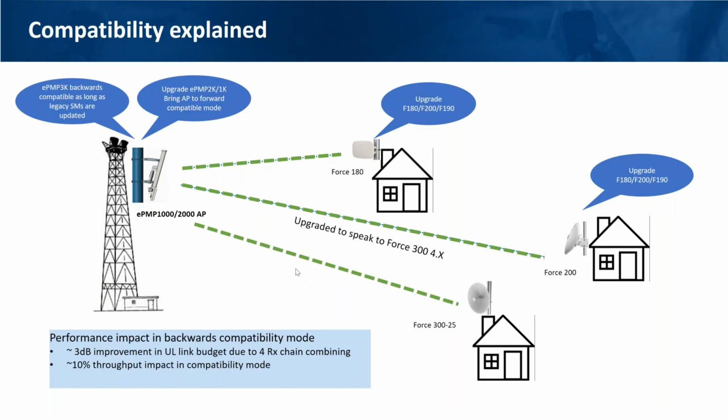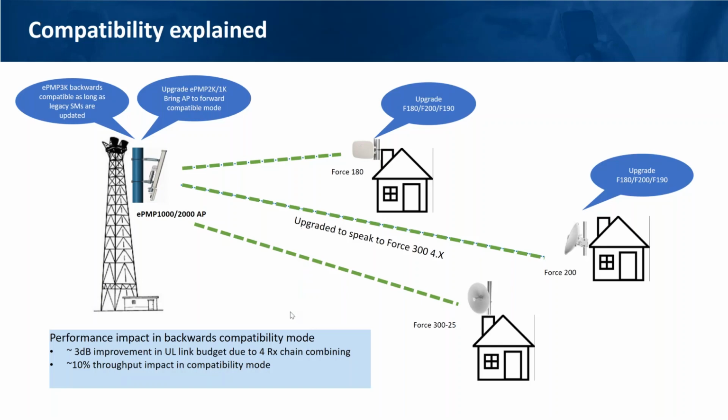Can the beamforming antenna from ePMP 2000 AP be used on 3000? I will rephrase that. Call it the beam steering antenna. So the answer is the beam steering antenna from the ePMP 2000 can be used on the 3000. I'm going to skip the next question because it's similar to the earlier question.